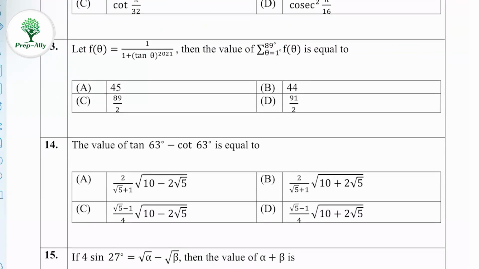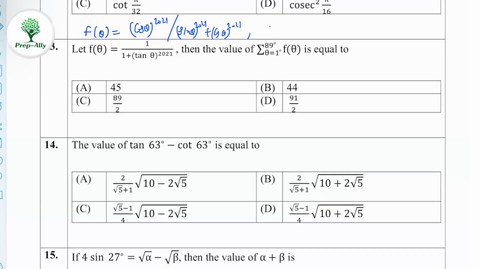Next, f of theta is 1 plus tan theta power 2021, then they are asking this. So basically, if you convert tan theta as sin theta and cos theta, you will get cos theta power 2021 divided by sin theta power 2021 plus cos theta power 2021.